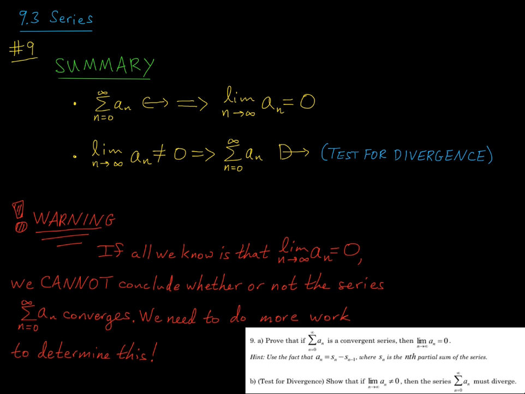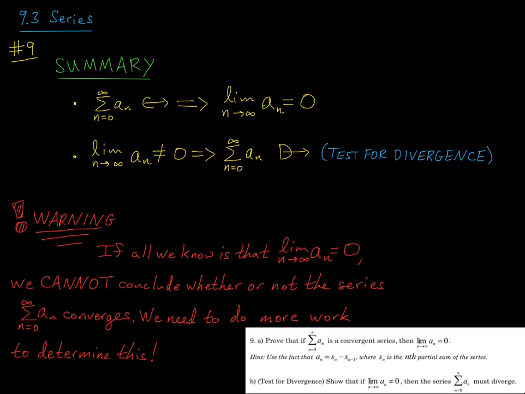Now the one thing I want to end here with is a rather important warning, and it says the following. If all we know is that the limit of a sub n as n approaches infinity is equal to 0, we cannot conclude whether or not the series of a sub n converges. We need to do more work to determine this. So you've got to be really careful when it comes to the logical implications here.